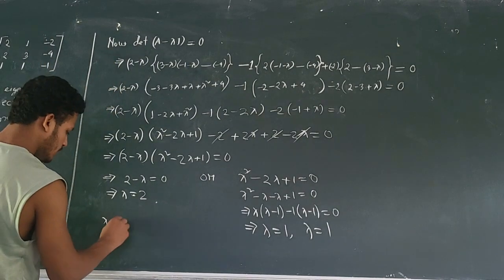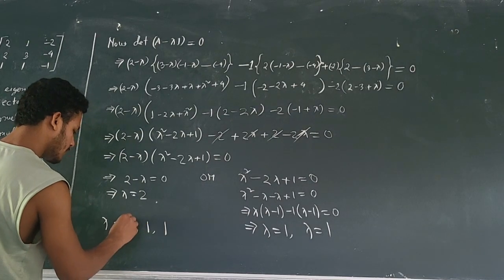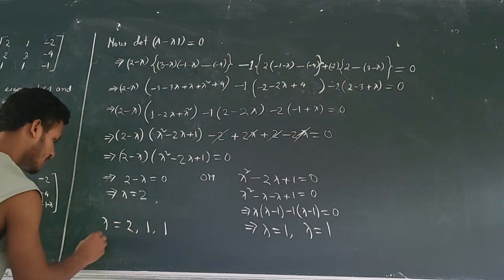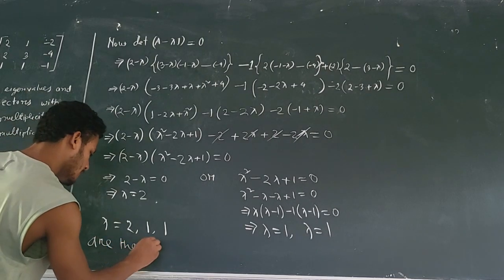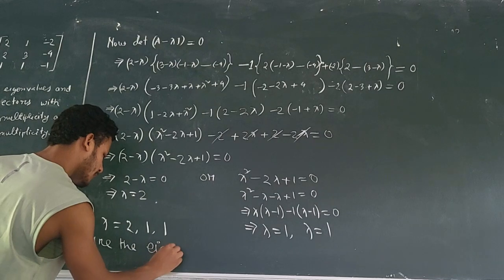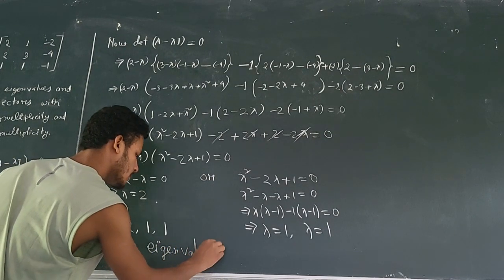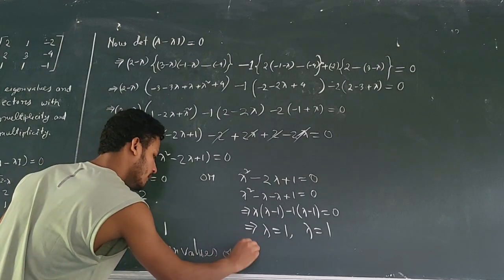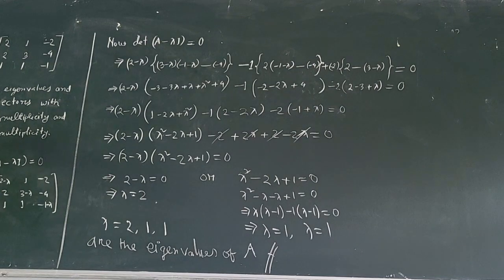So lambda is equal to 1, 1 are the eigenvalues of A. So we have found the eigenvalues.